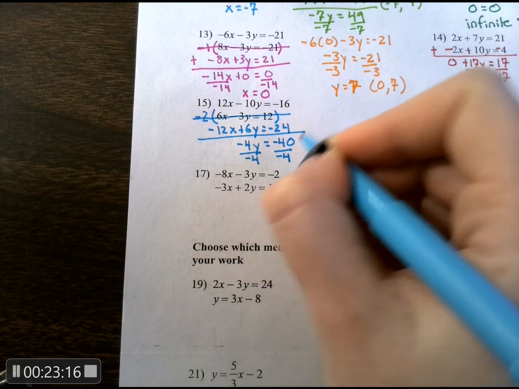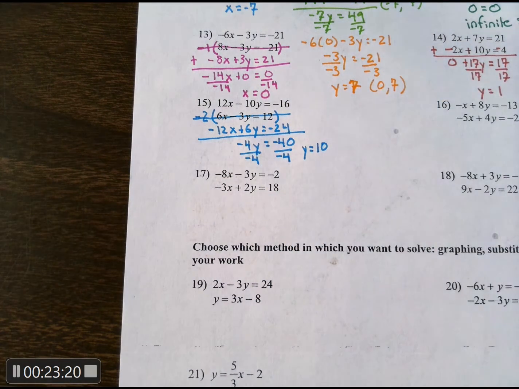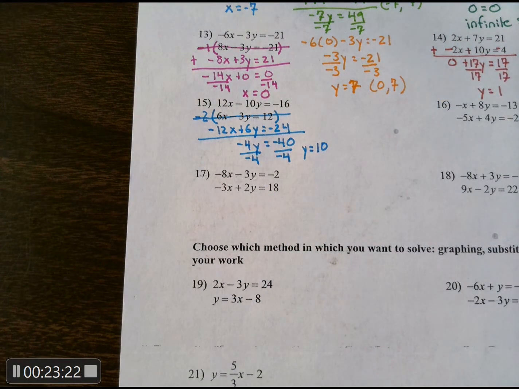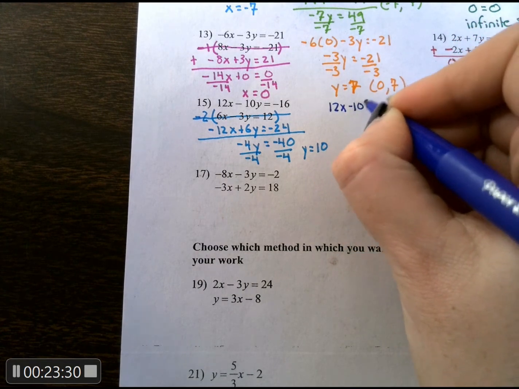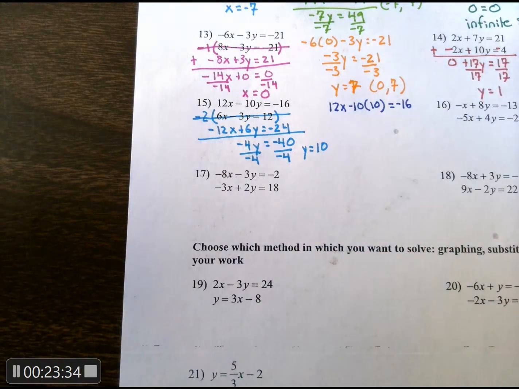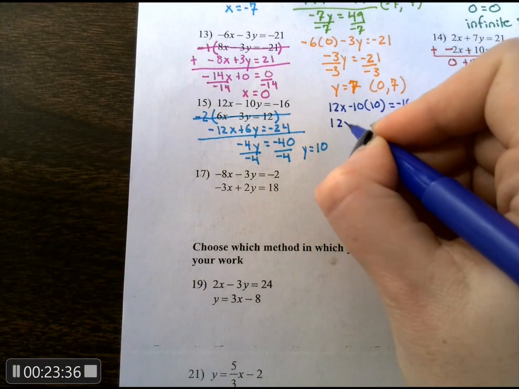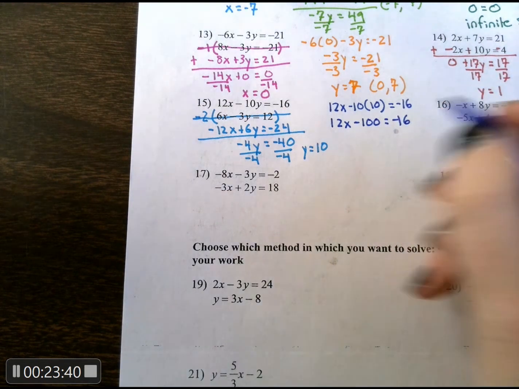Divide by negative 4, so y equals 10. Then I'm going to substitute y equals 10 into my top equation. So 12x minus 10 times 10 equals negative 16. So 12x minus 100 equals negative 16.